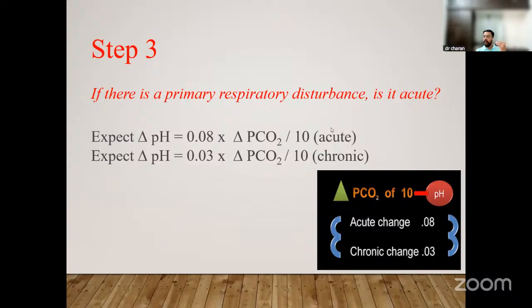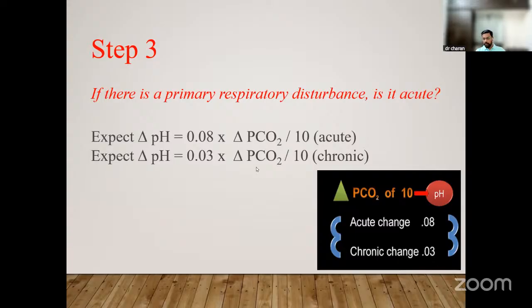So it is an acute. It can be confusing, and I'll try to explain it with examples at the end. You need not memorize these formulas. You can have them in MDCalc or even in your phone. When you take an ABG, try to see these formulas and use them.